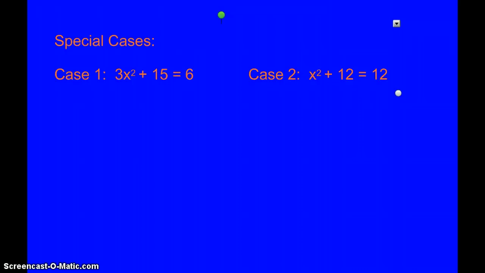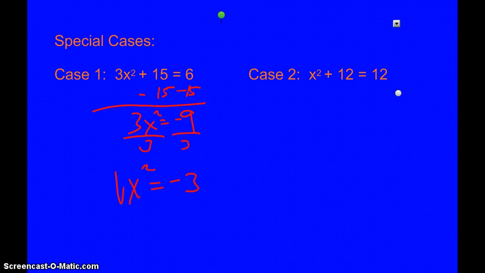And our last thing we need to look at is our special cases, where if I want to solve these equations, case 1, I'm going to go ahead and do my solving steps. 3x squared equals negative 9. I divide by 3. X squared equals negative 3. When I go to take a square root, I have a problem. Because I take a square root of negative 3.